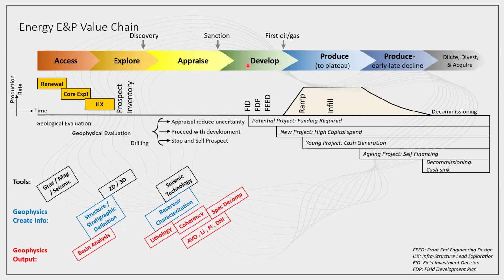Also, we have to keep in mind that if we go directly to the appraisal, this will improve our project profitability, but we will delay our cash flow. While if we go directly to the development, we will create an early cash flow, but we may have a risk on our finding volume, because the data that we have in hand may not be enough to come up with a volume.